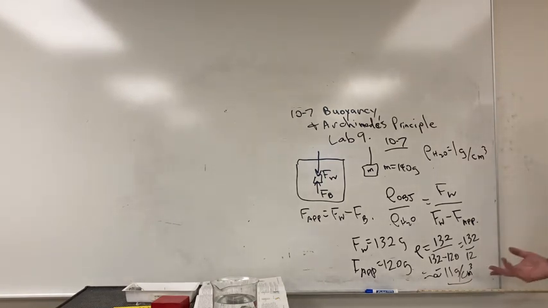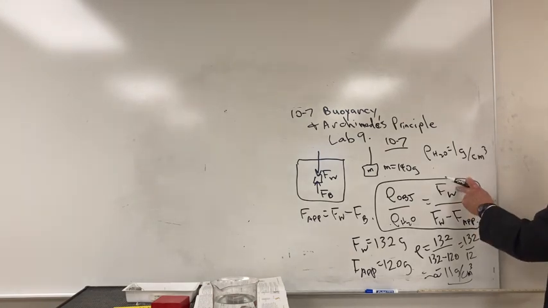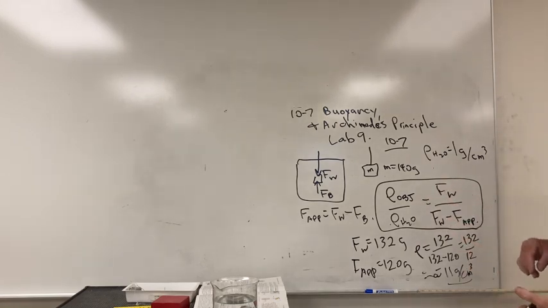That's fairly close. Density of brass is approximately 9 or so. So it's pretty close to that. So that's how we do it. We weigh it. Here's our expression here. Weigh it in air, weigh it in the water. The weight divided by the difference will give us our density.